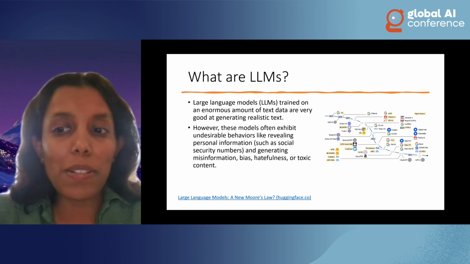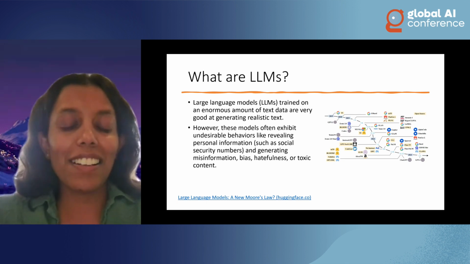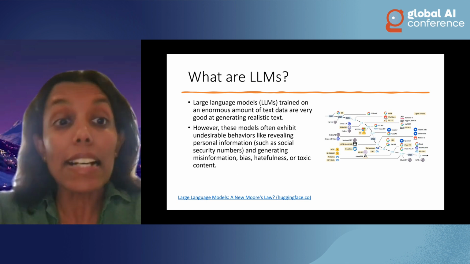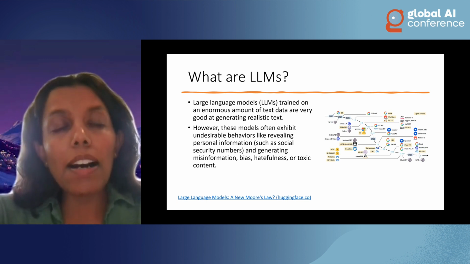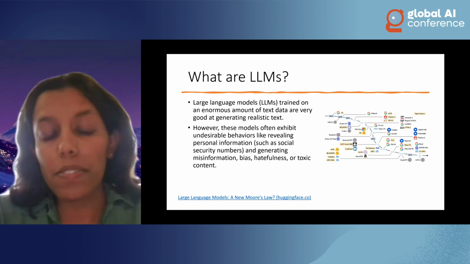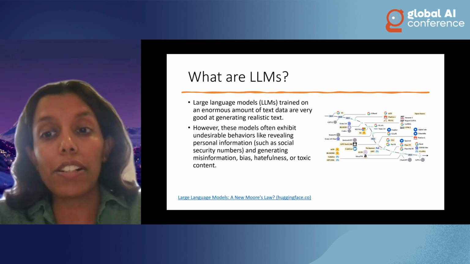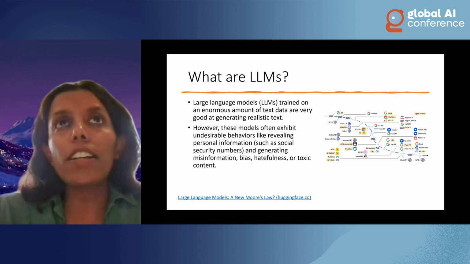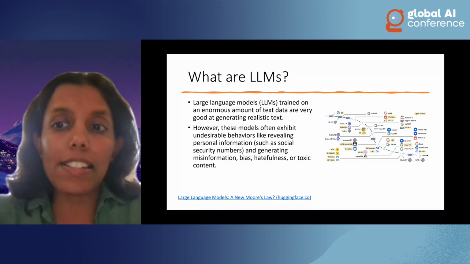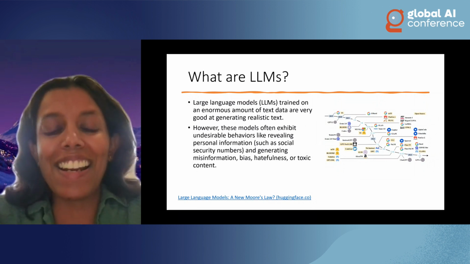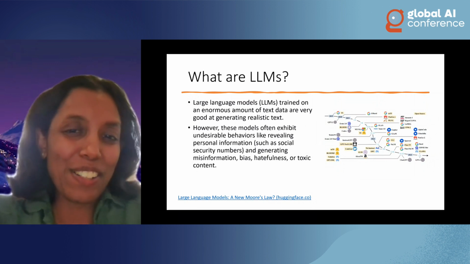A year back was ChatGPT, and everyone's tried ChatGPT, and I'm quite impressed with it. These large language models, LLMs, are trained on an enormous amount of text data and are very good at generating realistic text. Essentially, think of any data that you have on the internet, it's used to train. So these models are way better read than any human being like you or me.